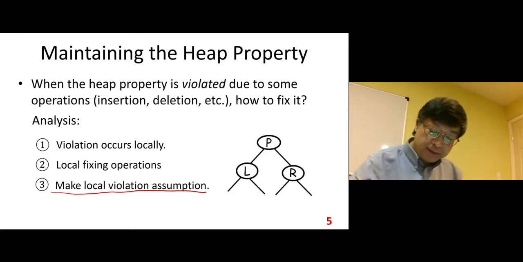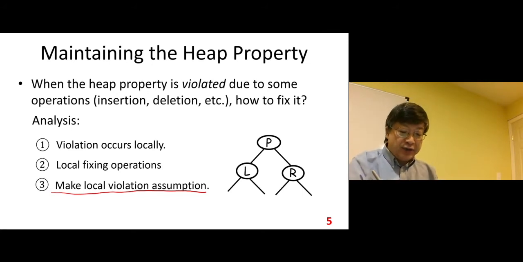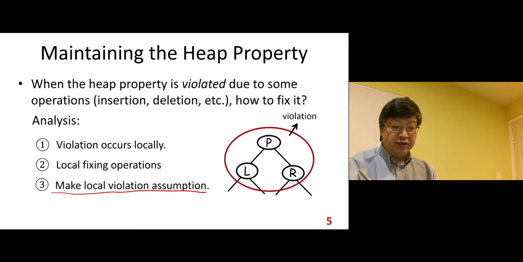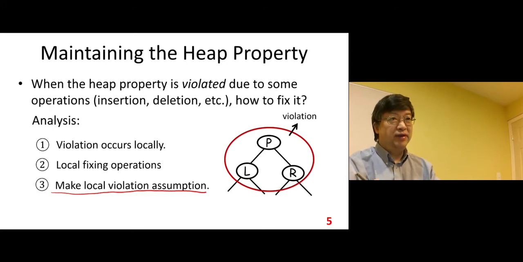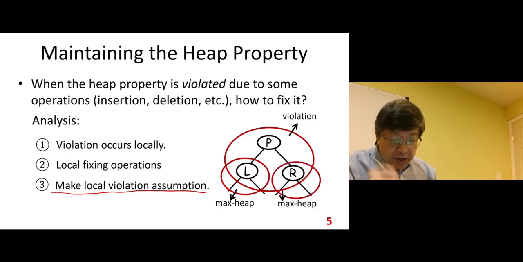Here, let me use a diagram to explain that. All right, so suppose we have a violation here, locally, and we make assumptions. For the left subtree, we have a valid max heap, and for the right subtree we have another max heap.